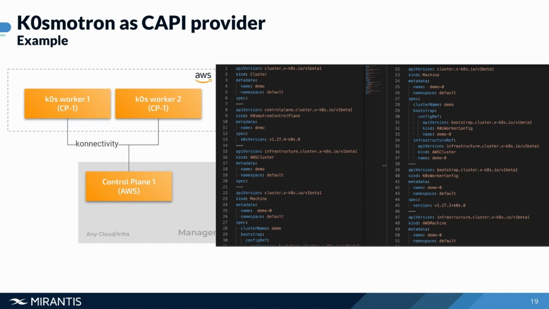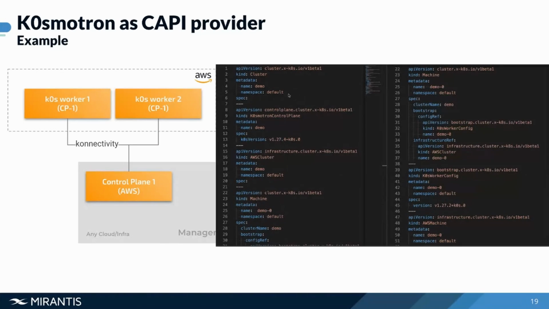A very quick example that I swiftly borrowed from my Mirantis friends is how they use k0smotron and the CAPI provider, which is for AWS, on how you can leverage both of them. This is what you have in those VS Code snippets that you have here.